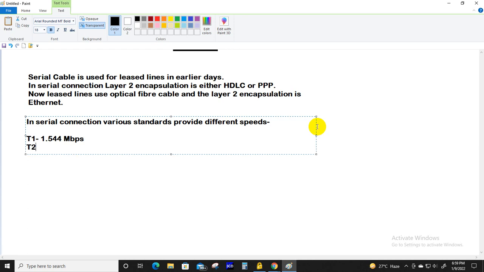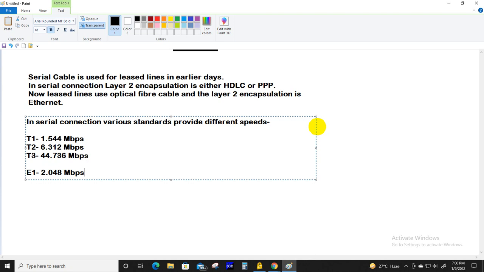T2, it is 6.312 Mbps. T3, it is 44.736 Mbps. E1, it is 2.048 Mbps.